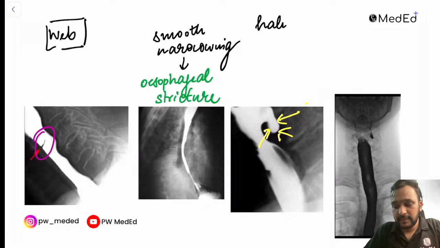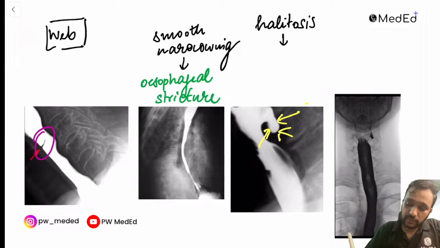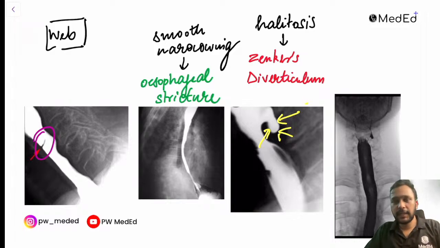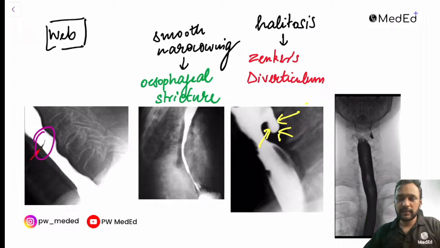The patient has a history of bad smelling breath, and this diverticulum arising from the posterior aspect of the esophagus is known as Zenker's diverticulum. Right? So this is going to arise between two muscles, that is your cricopharyngeus and thyropharyngeus.